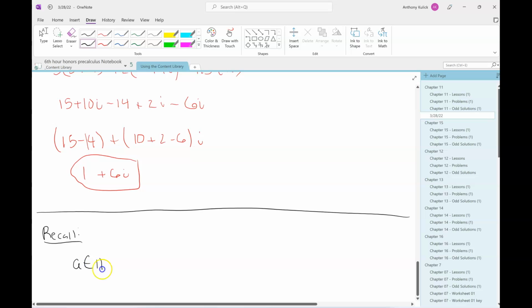So for a real number, what does the absolute value of a real number mean? Great. So it's the distance k is from 0 on the number line.